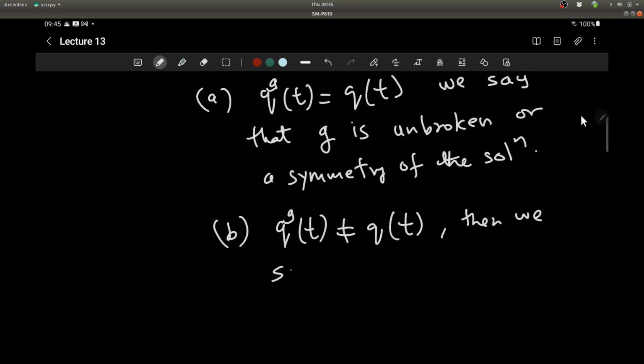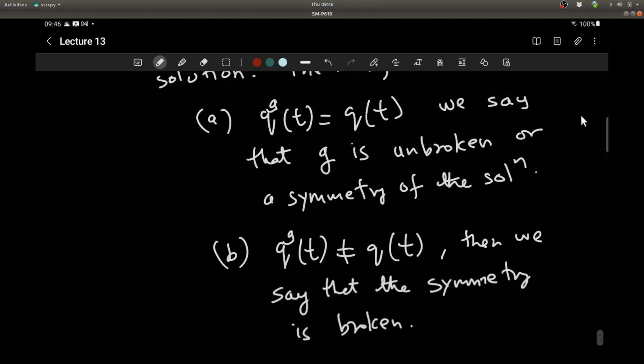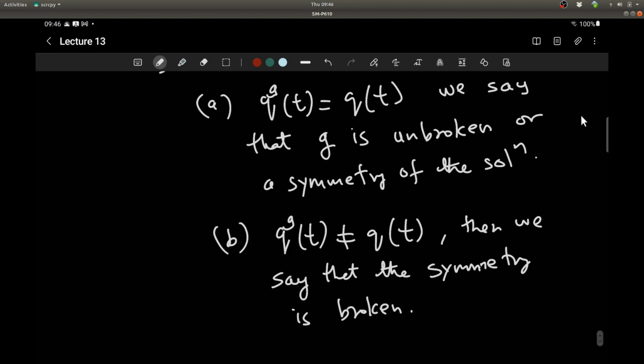Otherwise, we say that the symmetry is broken. It's important to note that Qg is also a solution to the Euler-Lagrange equation. That won't be messed up. Okay, is this statement clear? Okay, so this is clear, right?